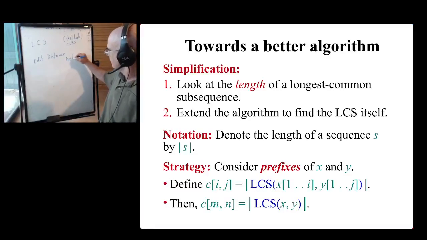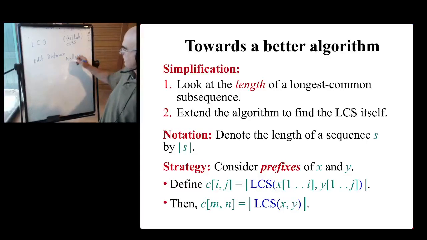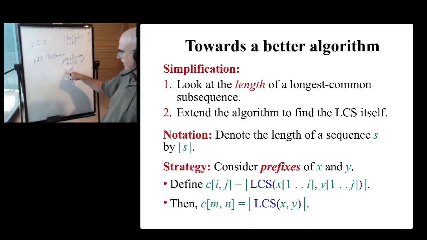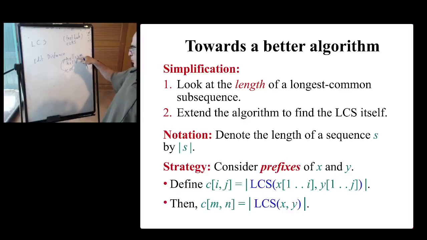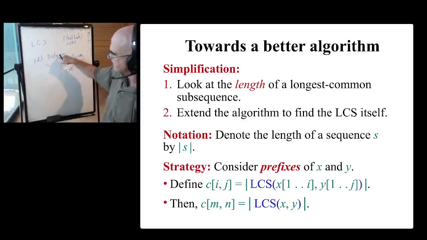I typed hello with a typo, and my speller understood that I meant hello without the typo, because the distance from this word to this word is much smaller than the distance from this word to, let's take a different word, cat. So the distance from hello to cat is much larger than the distance from hello with a spelling mistake to hello without a spelling mistake. So the edit distance understood it.